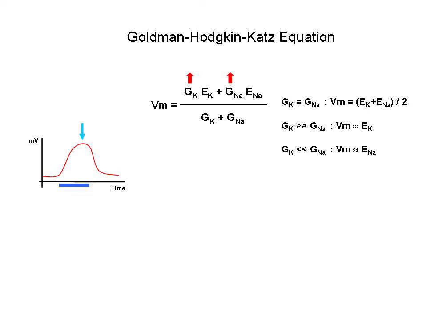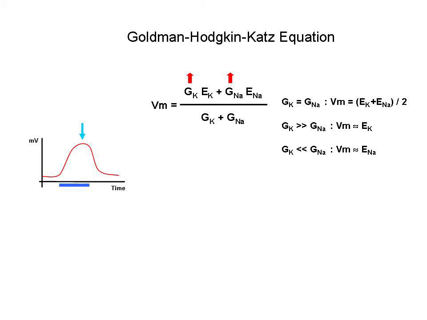So if the ratio between the G's is in between these two extremes, you will find out that the membrane potential will be somewhere in between EK and E sodium. These are the upper and lower limits that you can obtain. And whether the membrane potential would be in between these two values or close to one of them depends on the ratio of G potassium and G sodium.